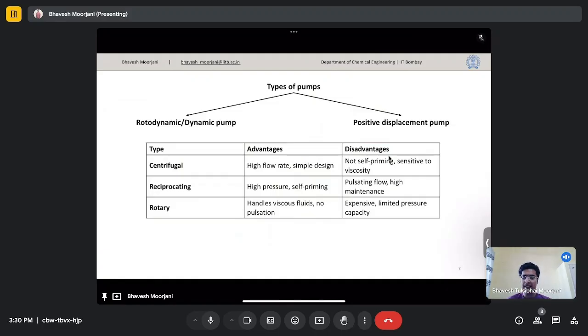Now each category has its own advantages and use cases. Centrifugal pumps generally give you a higher flow rate. They have a simple design, but they are sensitive to highly viscous fluids, so in that case we go to the reciprocating pump. The reciprocating pump has a pulsating flow, and although it is high maintenance, this is not a disadvantage so much as a use case.